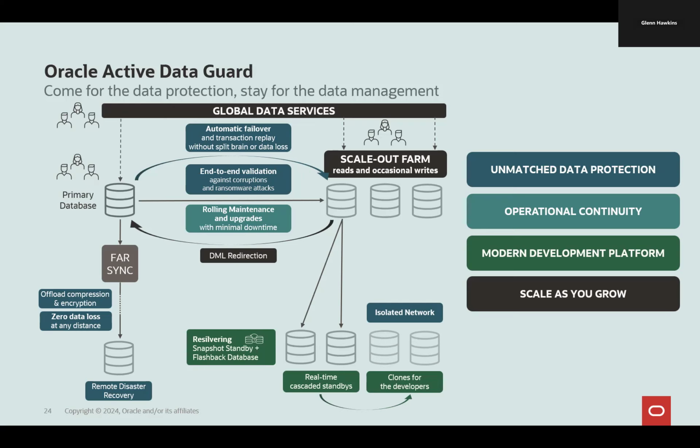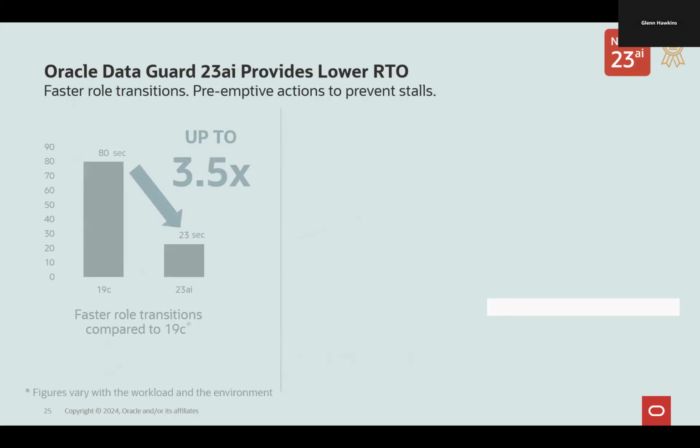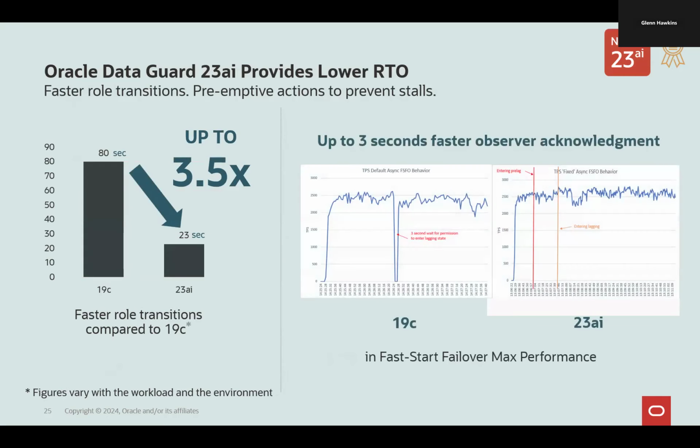Reporting applications sometimes only go against the active standbys, and if they have the occasional write, you can do that now as of 19c with that DML redirection feature that you see there at the bottom. So you can see Active Data Guard has become quite a larger solution at the end of the day. And it's also one of our most heavily invested solutions at Oracle, along with RAC.